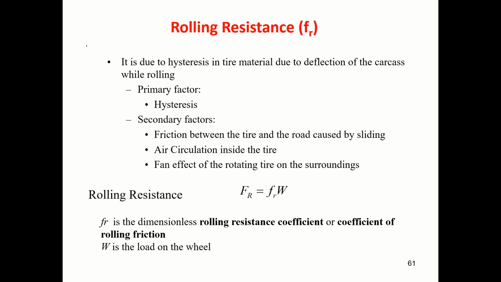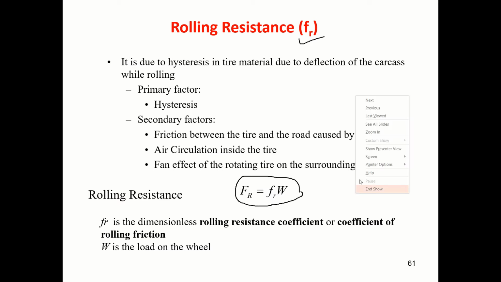Now let us get into the details of this. Rolling resistance, as I mentioned already, is given by F_r equal to F_R W. As I told you, this is the coefficient of rolling resistance and W is the weight of the vehicle or load on the wheel.